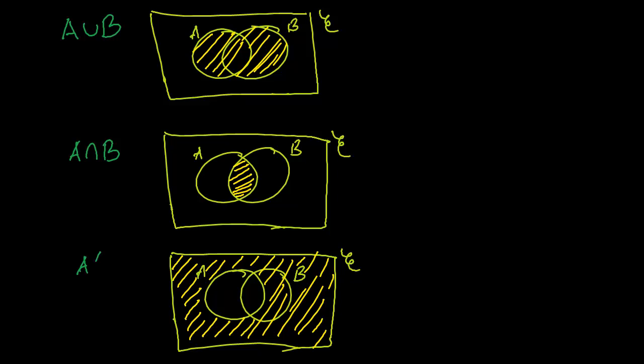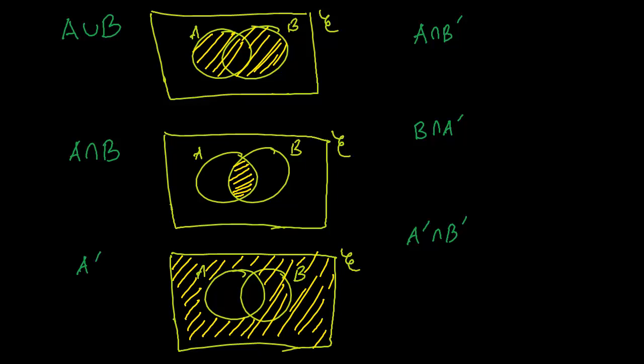Now apart from that, there are other important relations, which are a combination of intersection and prime, the intersection complement set. So A intersection B prime, or B intersection A prime, or A prime intersection B prime.